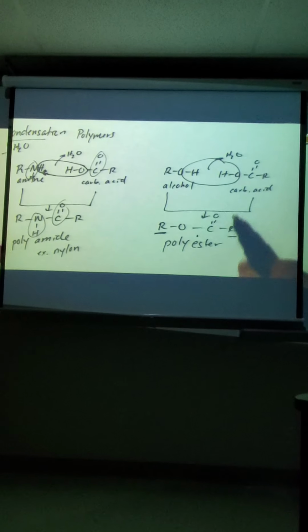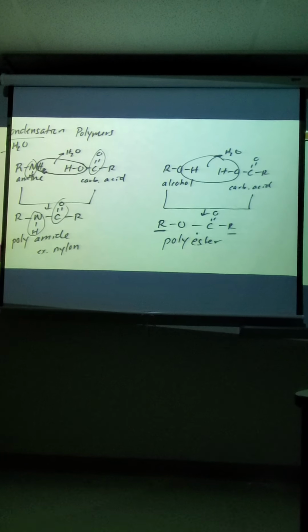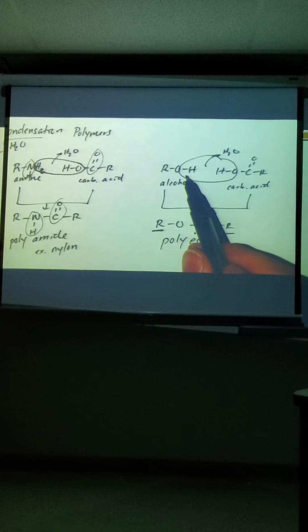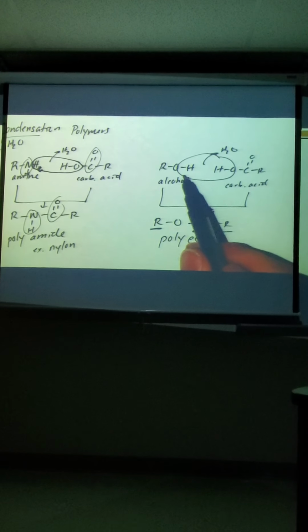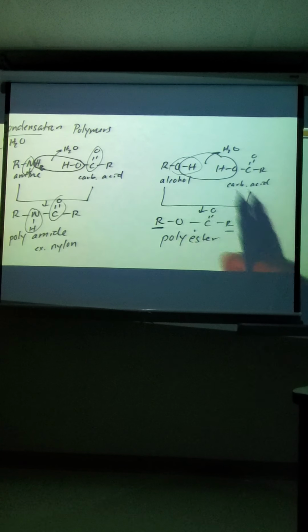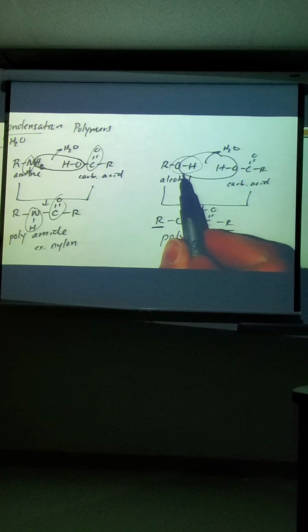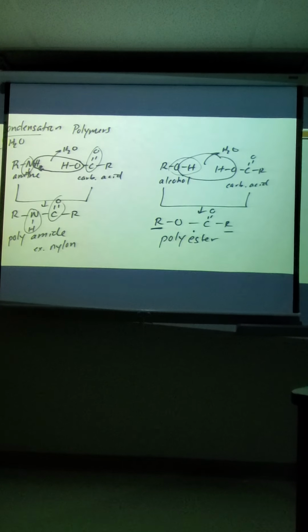A lot of Nike, Under Armour, Adidas clothing use polyester for its wicking ability, which is very different from, say, cotton. Cotton has lots of OH groups, and in those OH groups, what we're going to see is a lot of water absorption. So cotton, very common to absorb water, used in towels, but you've probably never heard of a polyester towel because it hates water. It's not going to absorb water, and that's because it's not as polar as the groups that actually made it in the first place.